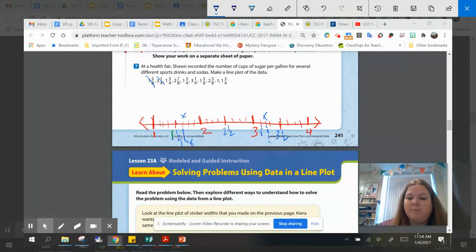Okay, so here's 1, 1/8, 2/8, 3/8, 4/8, 5/8, and this is 6/8, which is the same as saying 3/4. So that's 1 and 3/4 there. Got that. 2 and 7/8. So 1/8, 2/8, 3/8, 4/8, 5/8, 6/8, 7/8. So there is 2 and 7/8 right there.